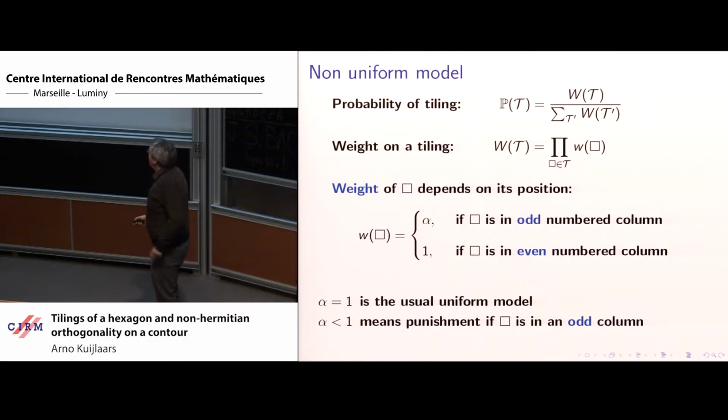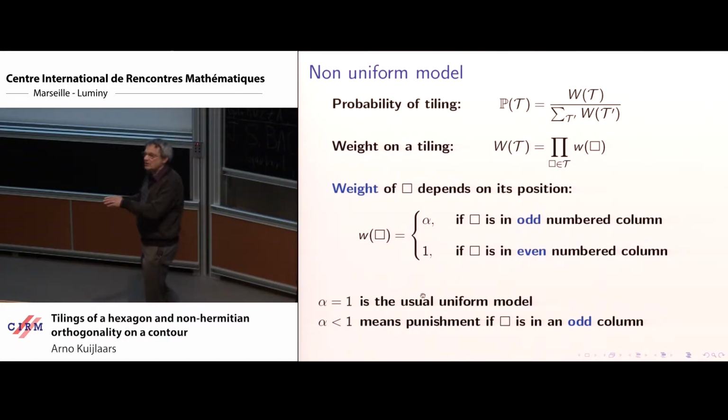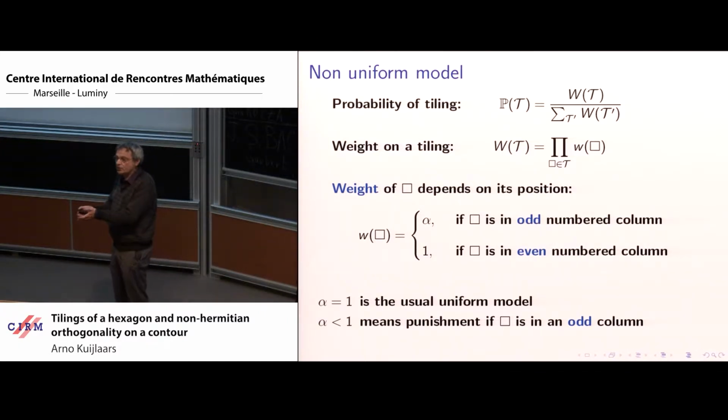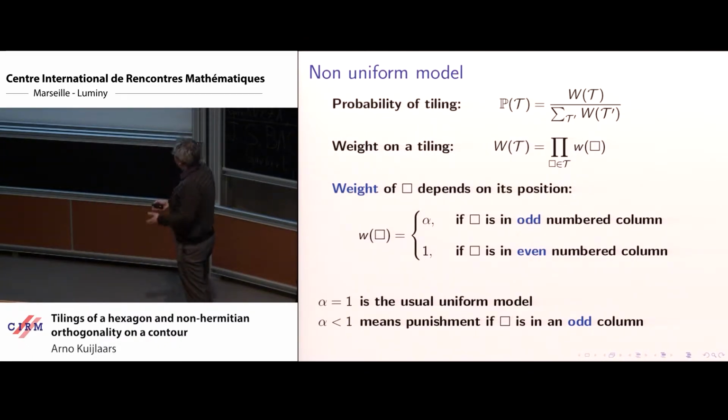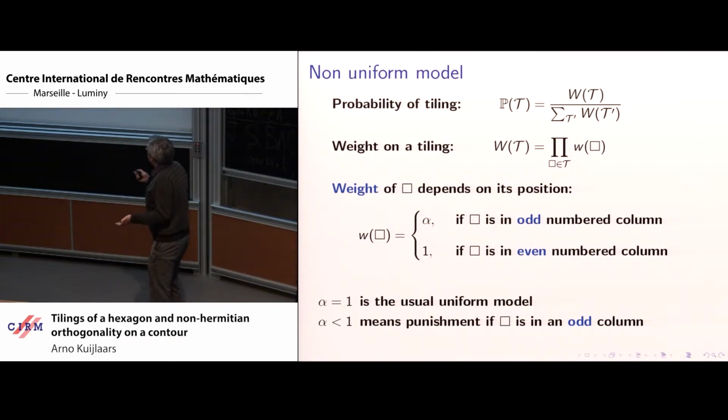Then the weight of a tiling will be the product of the weights that I put on these square tiles. And as usual, the probability of a tiling is proportional to its weight. So it will be a non-uniform model, and if alpha is 1, then we come back to the uniform model where each tiling has weight 1, and so they all have the same probability.